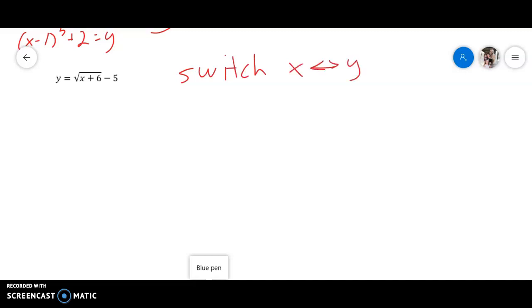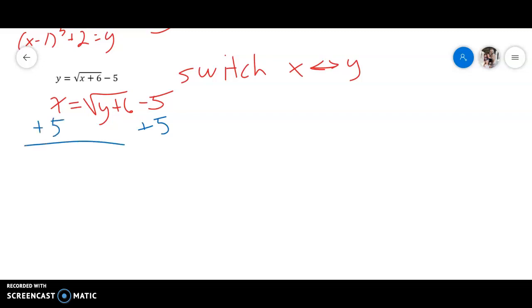When I switch that out, I end up with x equals the square root of (y plus 6) minus 5. As before, I'm going to need to isolate my square root. So I'll add 5 to both sides and simplify. x plus 5 is equal to the square root of (y plus 6).